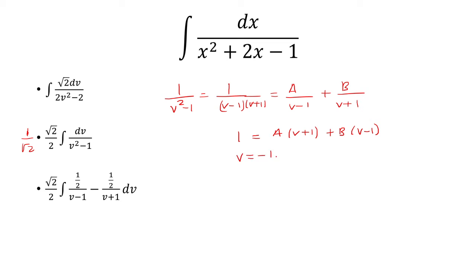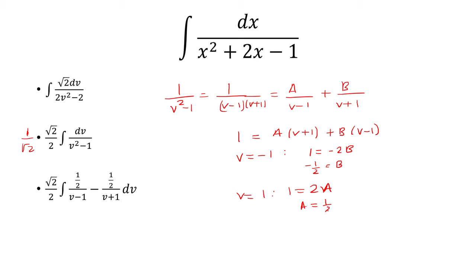If I let v equal negative 1, I'm left with 1 equals negative 2b. So b has to be negative 1/2. And if v is 1, I have 1 equals 2a, and then a is 1/2.